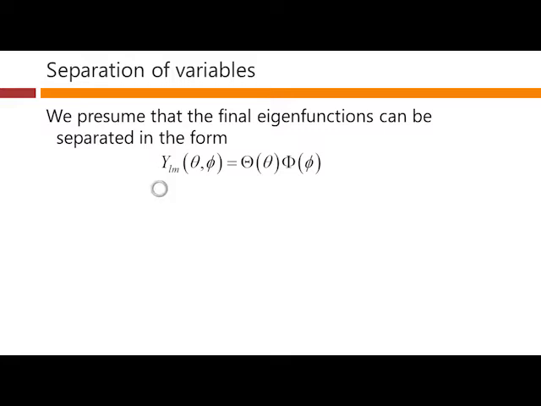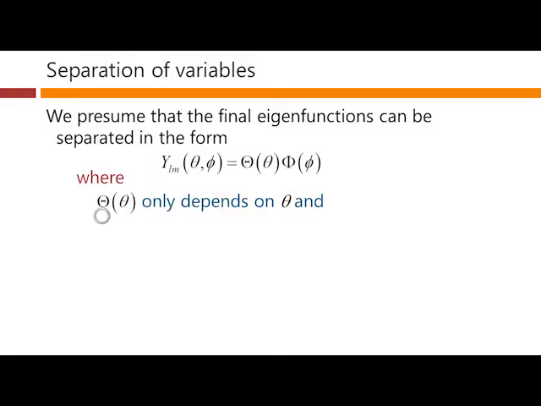So we've said this function of theta and phi, let's see if we can write it as some function of theta, and I've just used a capital theta here to name the function, times some function of phi, and I've just used a capital phi here. Now, as always in these kinds of separations, this is just a guess. The justification in the end is that we will find that this works, and it gives us general solutions of the equation. But at the moment, it's just a guess that we can get this to work.